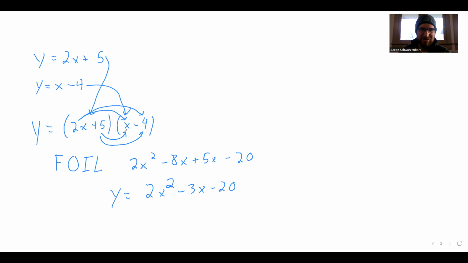Different forms are useful for different parts. Okay. We're going to get to it in more depth later, but this is going to help me find the x-intercepts in this form. Because when I have an x-intercept, that means y equals 0.